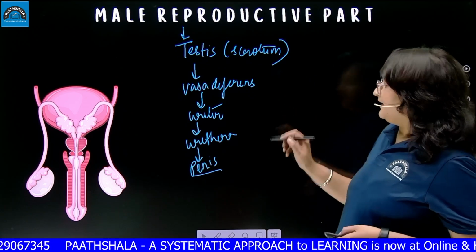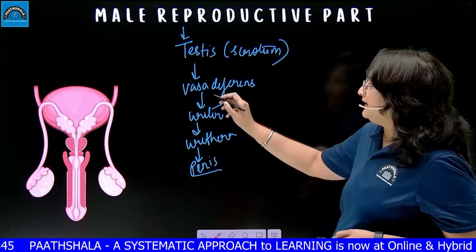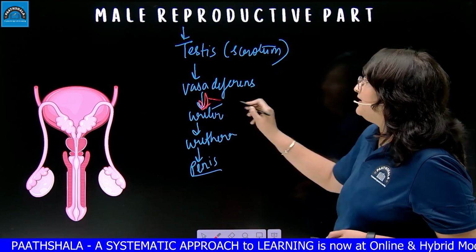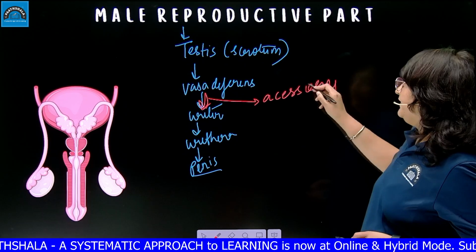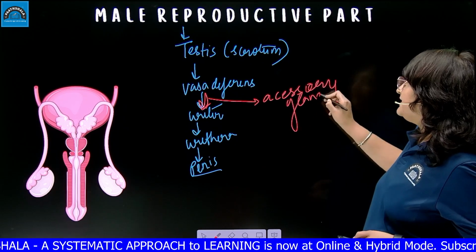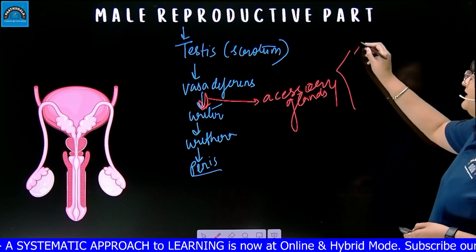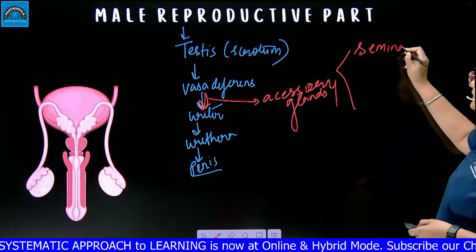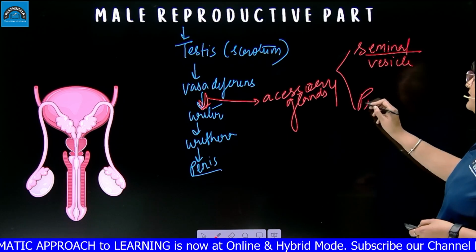Now please make a note, when vasa deferens is connected with ureter, at this time there are some accessory glands. Very important. There are some accessory glands in the male reproductive system. These accessory glands are seminal vesicle and prostate gland.